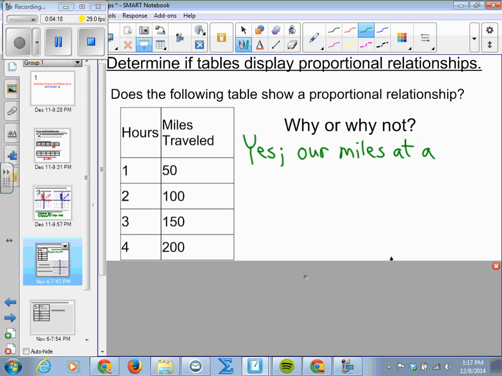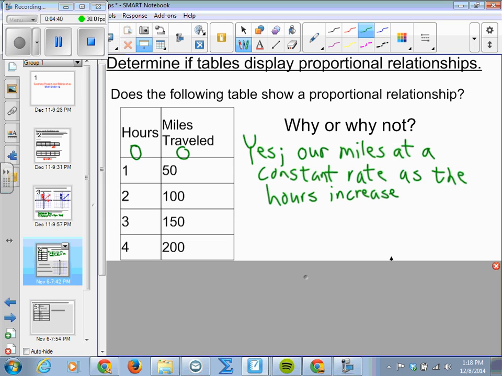Give me a second to write this up. Also, think about the context of the relationship. If we travel 0 hours, well, we've gone nowhere. So that point 0, 0 is there as well.